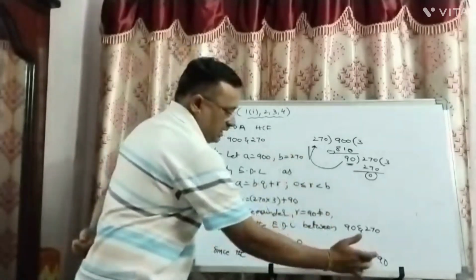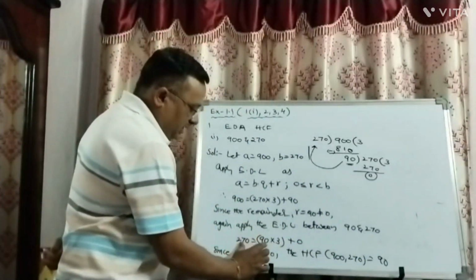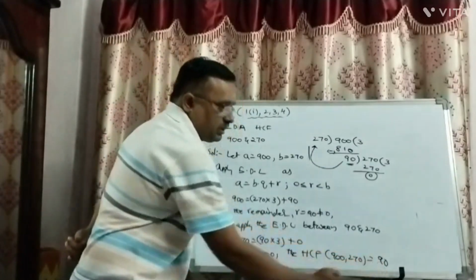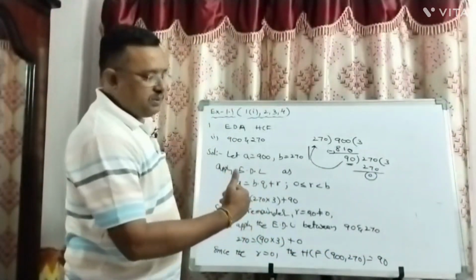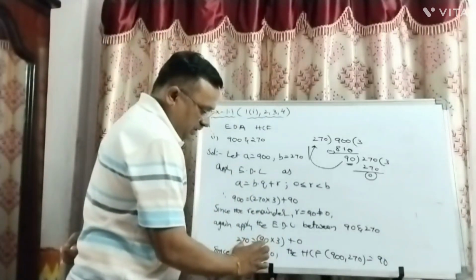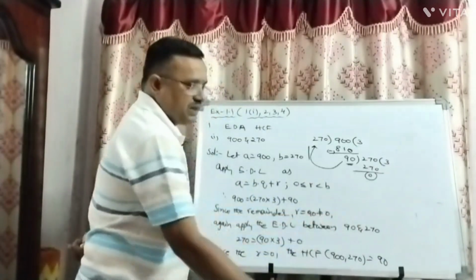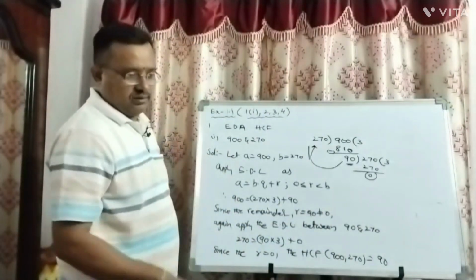For the two numbers 90 and 270, we got the HCF as 90. Not only for that, for 270 and 90 also the HCF will be 90. Like that, if multiple steps are increased, each pair in the form of dividend and divisor will have the same HCF. That we have to remember.